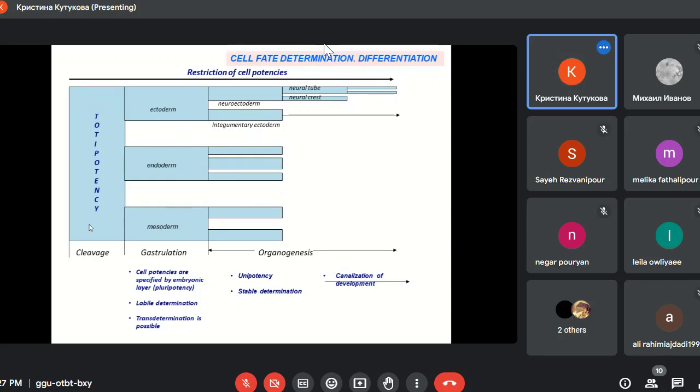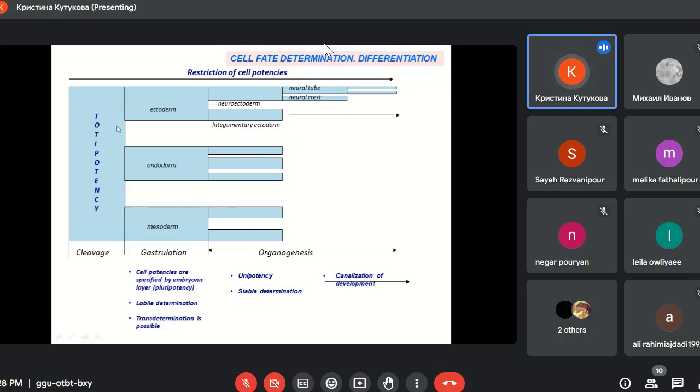Toti means any. So it means that each blastomere can develop into any cell of intra or extra embryonic tissue, and it means that you can take one blastomere and grow a baby from it with all its intra and extra embryonic organs. So any cell can develop from a blastomere, and this means totipotency.